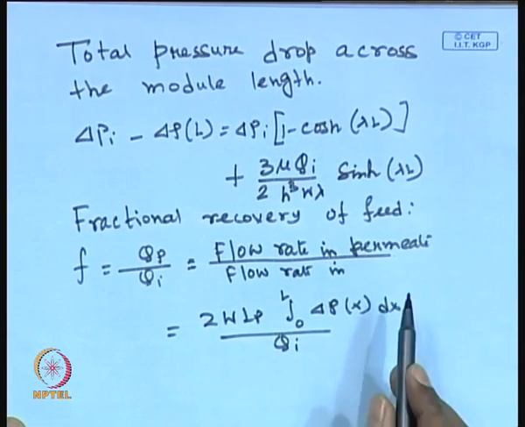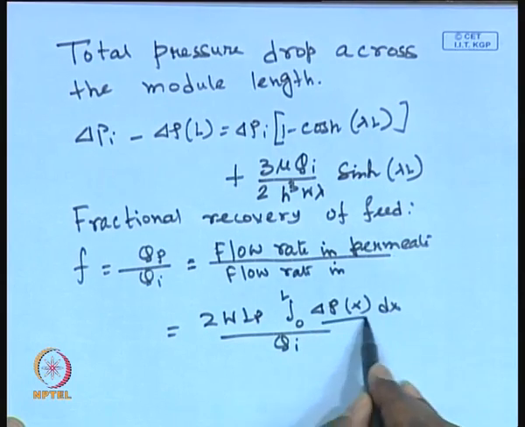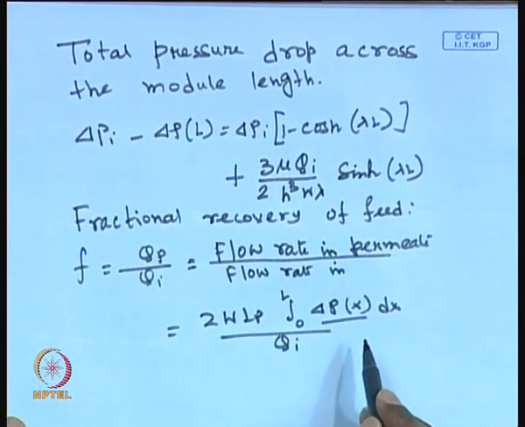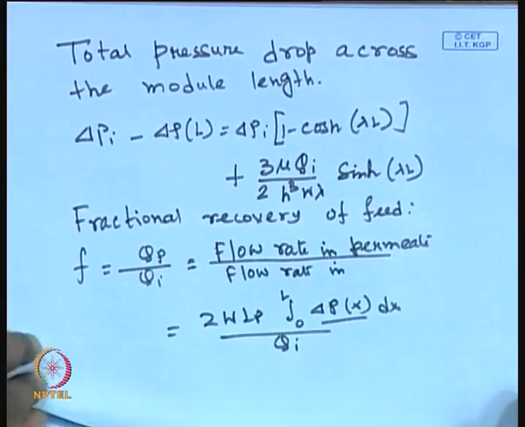What you have to do is simply substitute the expression of delta Px that we have already derived, carry out this integration, and get the expression of fractional recovery.